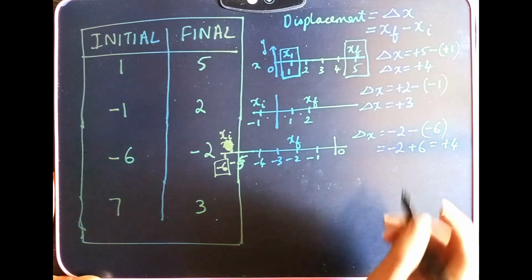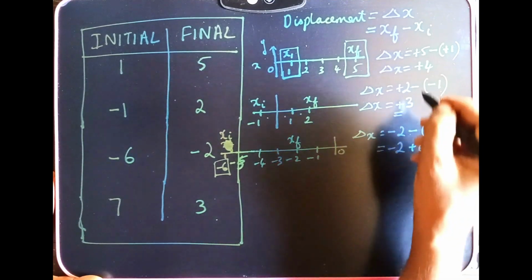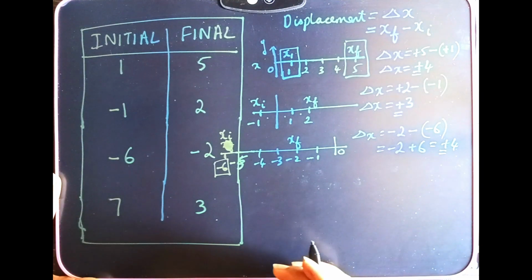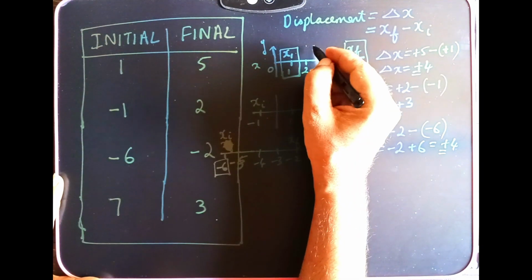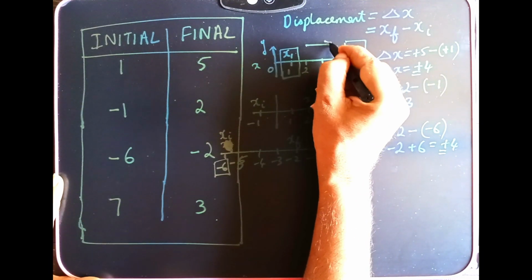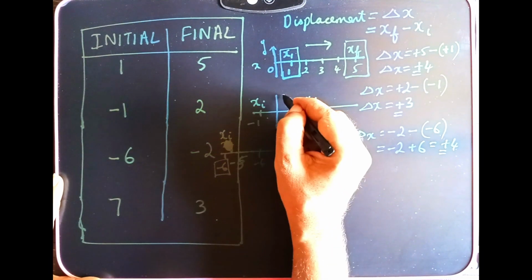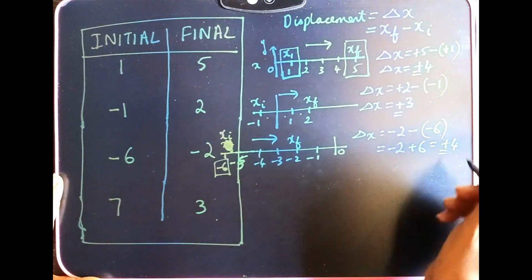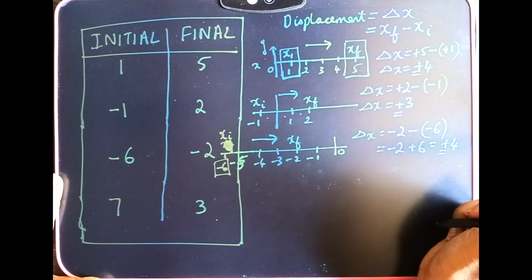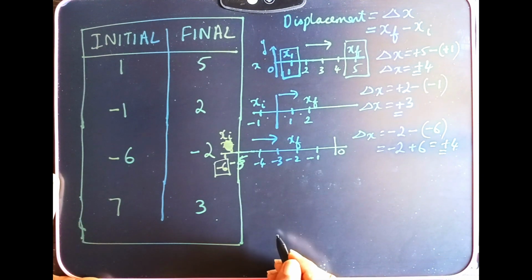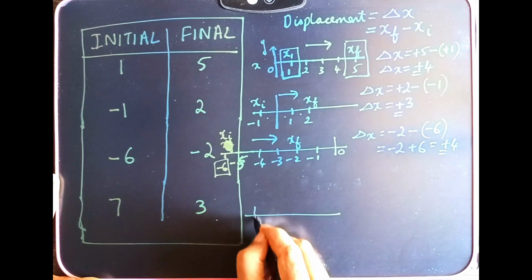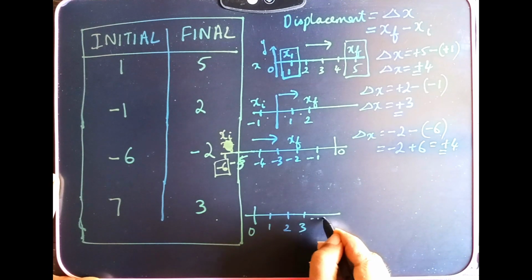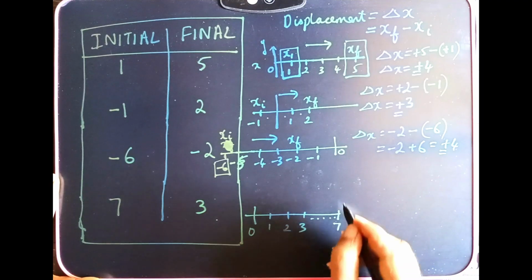That means wherever we see a positive sign, the object has moved in the positive direction. If it is a positive sign, the object has moved to the right side. Here as well, the object has moved to the right side because you have the change as positive. Now in the final case, you have 0, 1, 2, 3, and all the way, I'll just take it to 7.